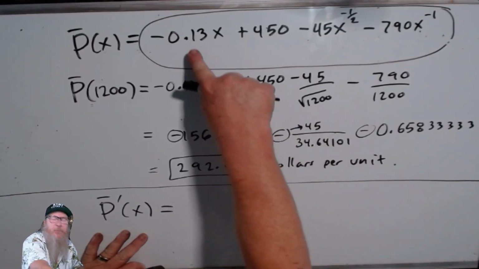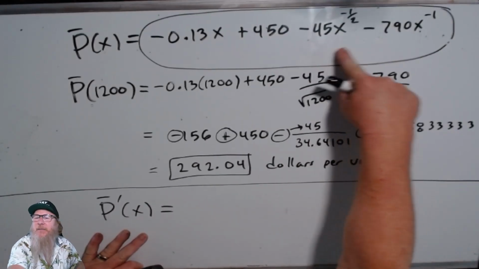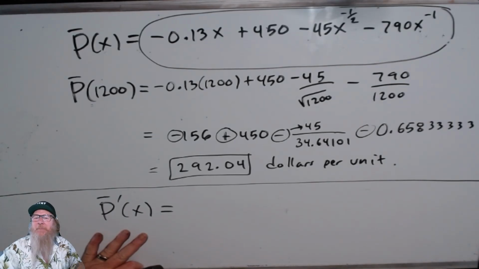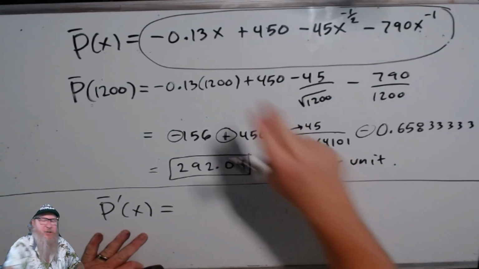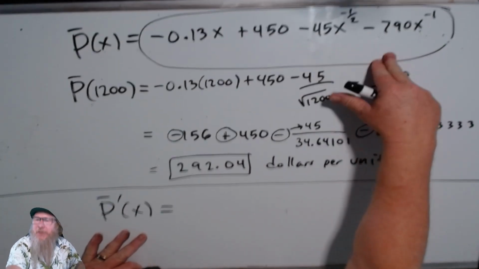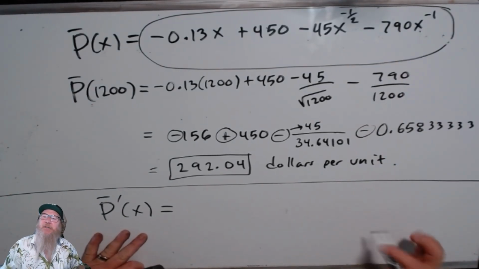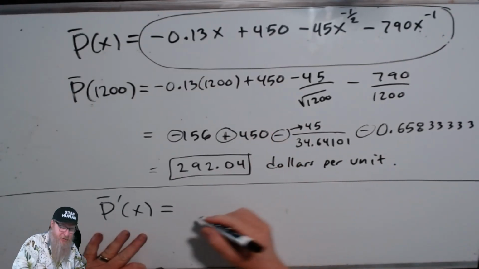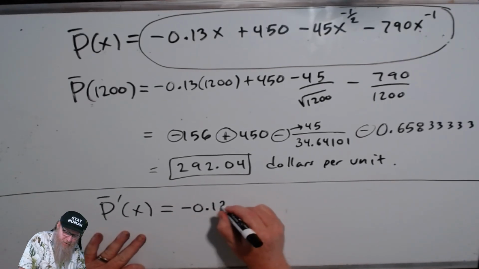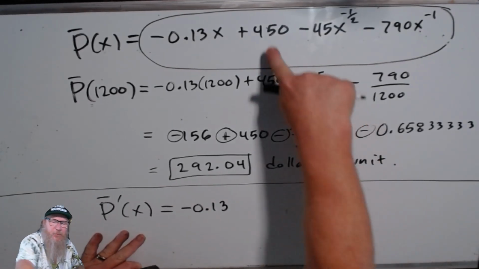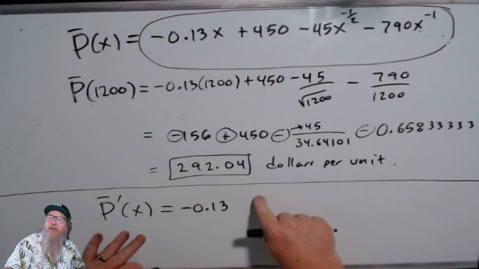Watch how easy this will be. Going all the way back to the beginning of the chapter on derivative rules, you can just go term by term by term. Put your ducks in a row. So the derivative of the first term is just negative 0.13. The derivative of the second term is 0.